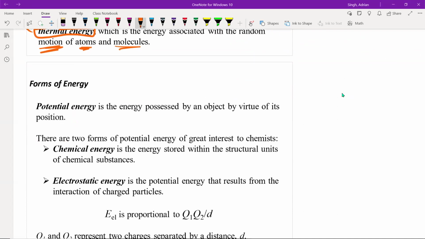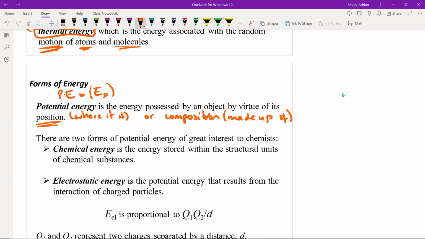Potential energy, which we can abbreviate as PE, or sometimes you'll see E with a P subscript, is the energy possessed by an object due to its position, so where it is, or its composition, what it's made up of.